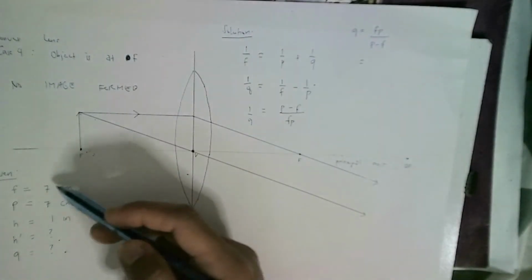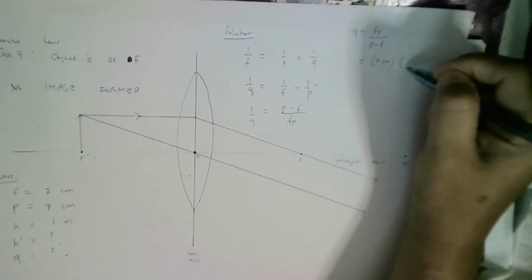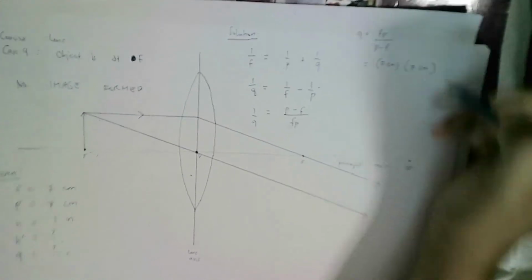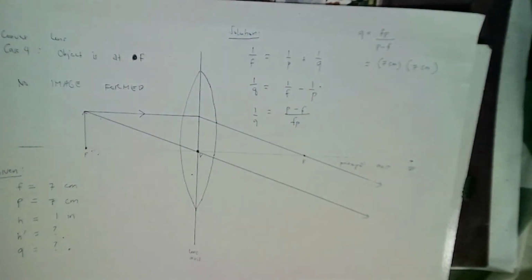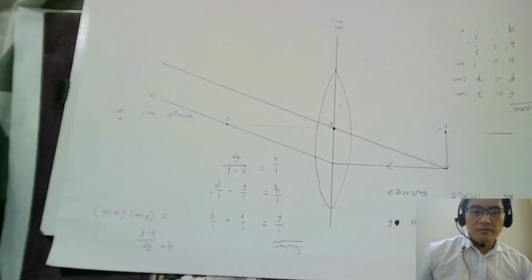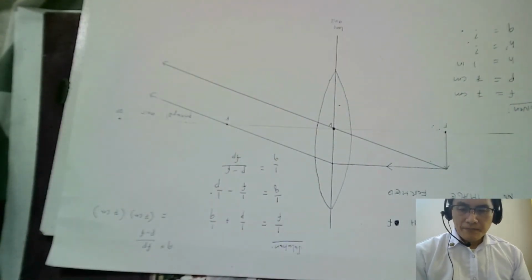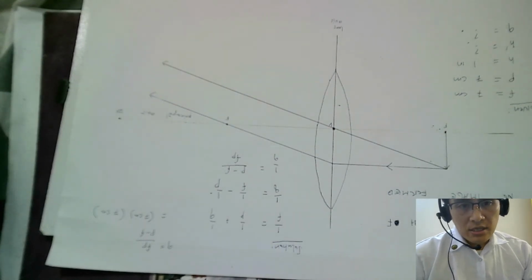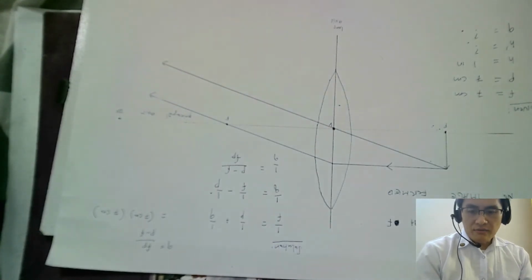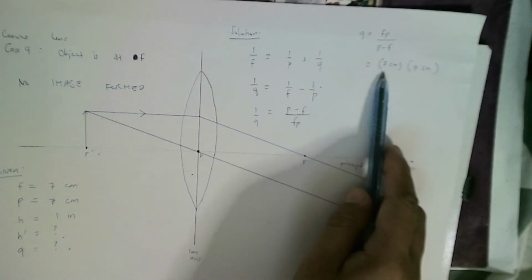The p and the f are both 7 centimeters. Now take note that this is a convex mirror. And if you remember, convex mirrors have positive foci. So that's why this focus here is positive 7.